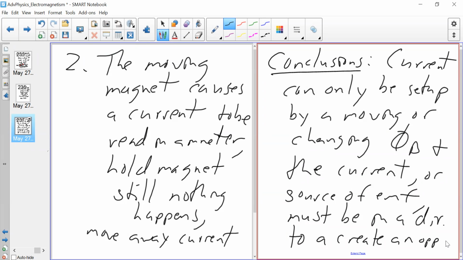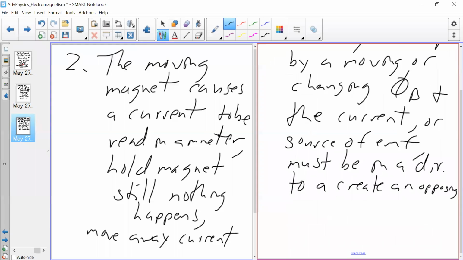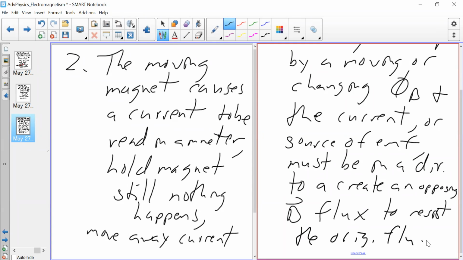To create an opposing magnetic flux, phi B, to resist the original flux.